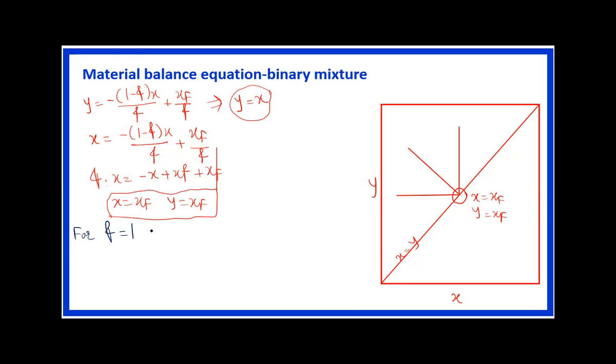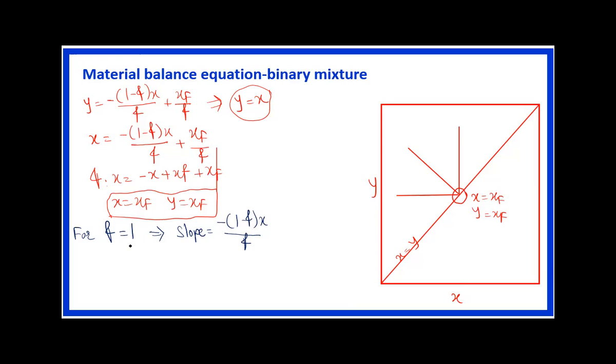So if f equal to 1, we know that the slope of the operating line is minus 1 minus f upon f. We are concentrating on slope only because now we get 1 point for drawing the operating line. If you know the slope of the line, we can draw the operating line now.